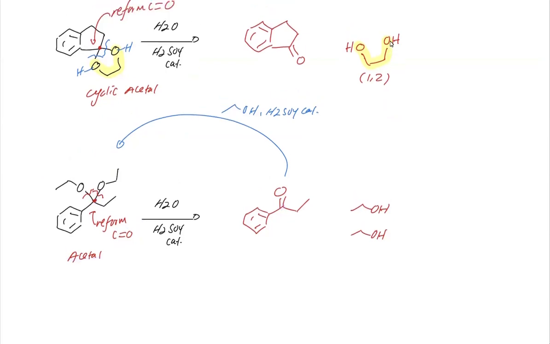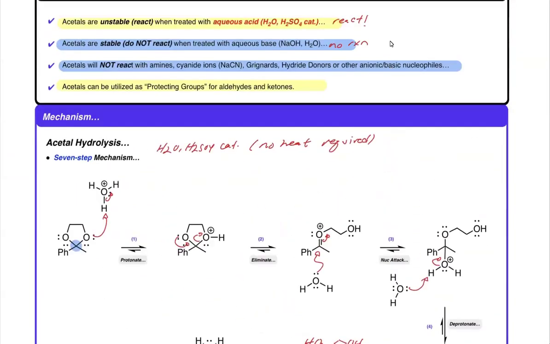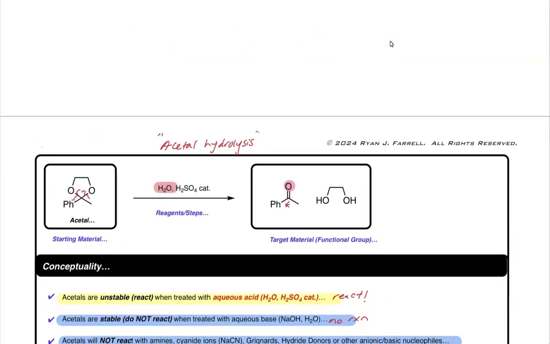So you can protect an aldehyde or ketone by really forming any acetal. It's just that usually if we are trying to protect an aldehyde or ketone, we will generate our cyclic acetal by reacting with our 1,2-diol and catalytic acid. That's the most common way that we will protect, but really any acetal can cause protection of an aldehyde or ketone.